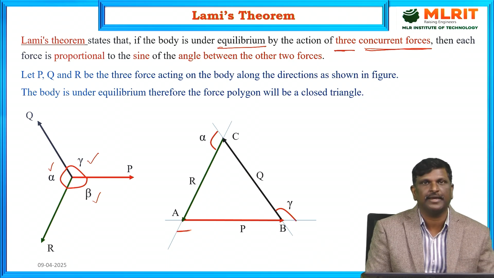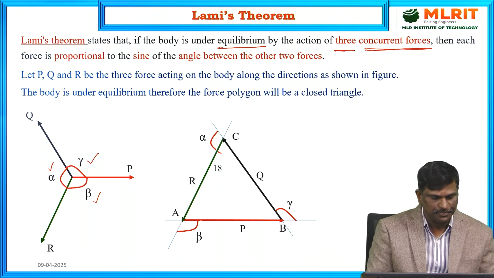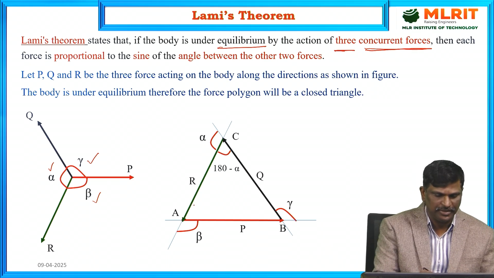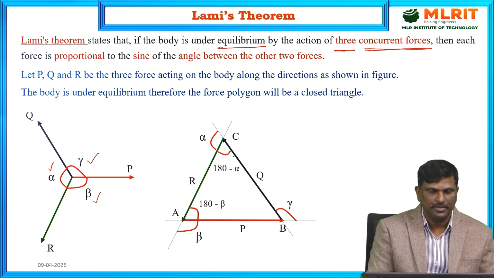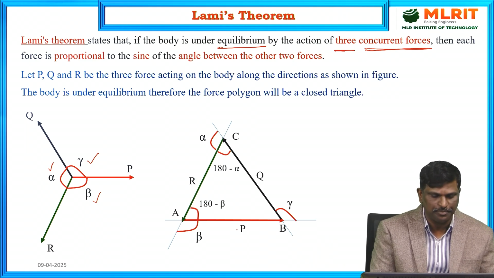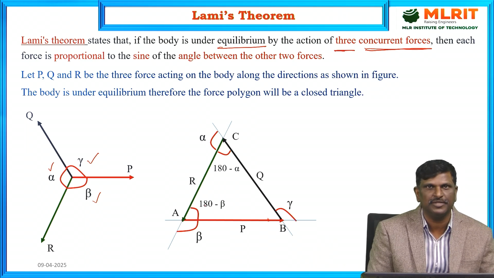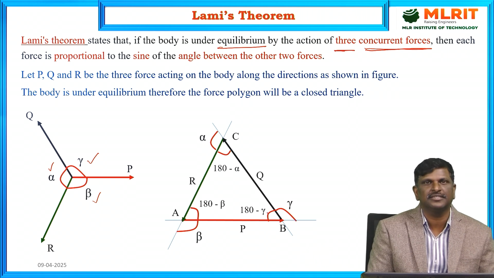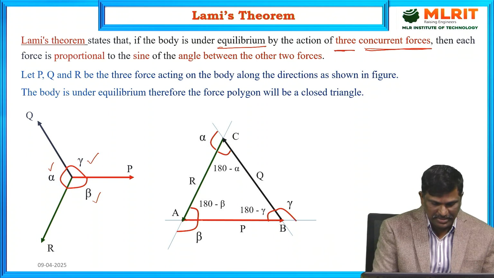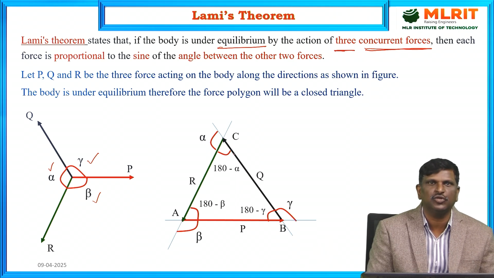Now let us see the angles here. Right. The angle between the forces Q and R is 180 minus alpha. The angle between R and P is 180 minus beta, and the angle between Q and P is 180 minus gamma. Now each side is proportional to the sine of the angle between the other two forces.